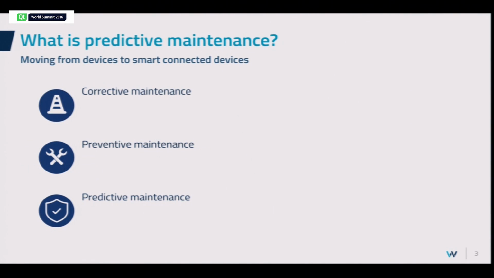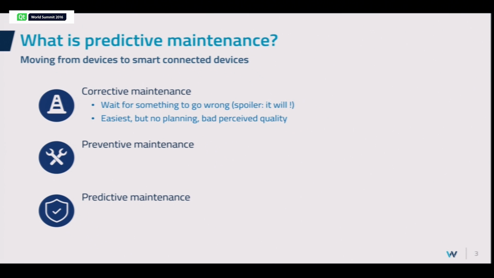There are three different types of maintenance: the corrective maintenance, the predictive maintenance, and the middle one, the preventive one. If we take a simple analogy, for corrective maintenance, imagine you have your car, but in that car you have no fuel gauge.